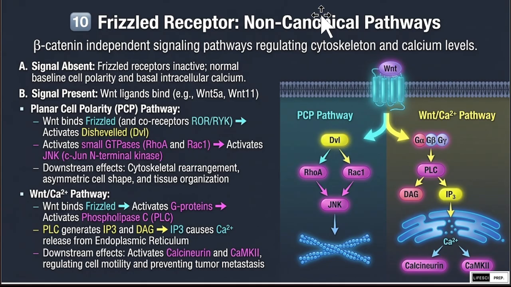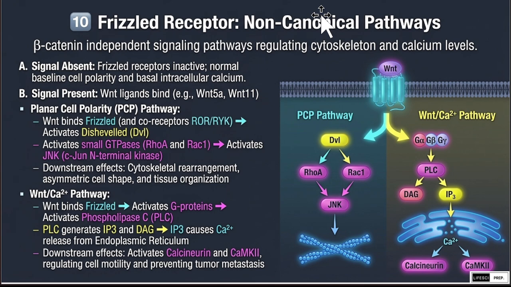In the Wnt calcium pathway, it activates G protein, which activates PLC, that is phospholipase C. The phospholipase C cleaves PIP2 and forms DAG and IP3.